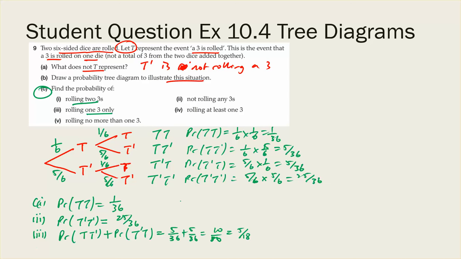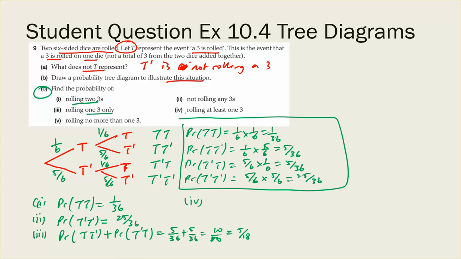Part 4 asks for at least one 3, which means we can have two 3s or one 3. Looking at our sample space, the total of all the possibilities adds up to 1.